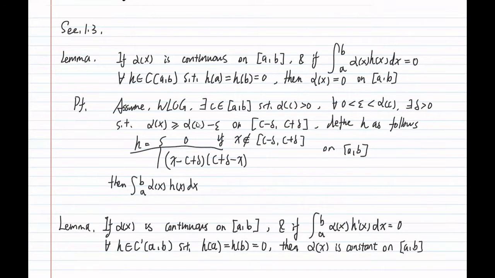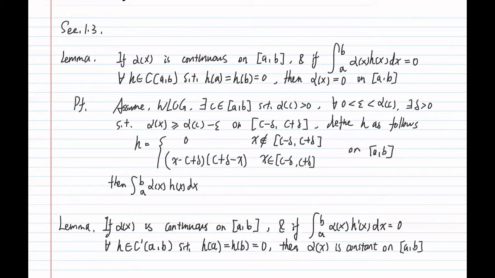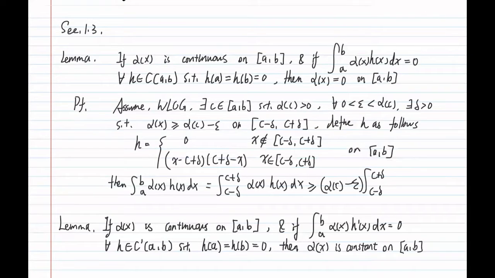Notice that h is only non-zero on this interval, so I can just perform the integration from c minus delta to c plus delta of alpha(x) times h(x). But alpha is bounded from below by this value, so taking the constant out, we get this constant times the integral from c minus delta to c plus delta of h(x). That is obviously positive because this quantity is positive and the integral of h is non-zero and positive.